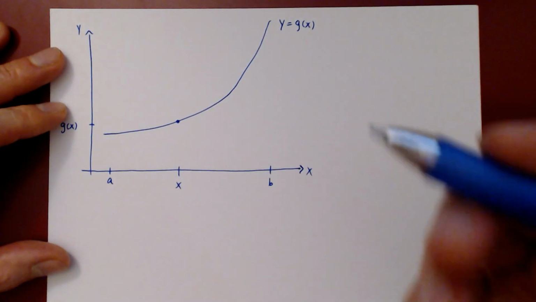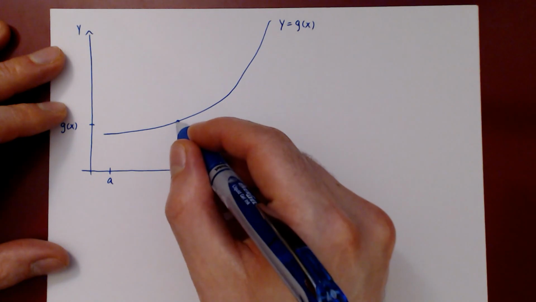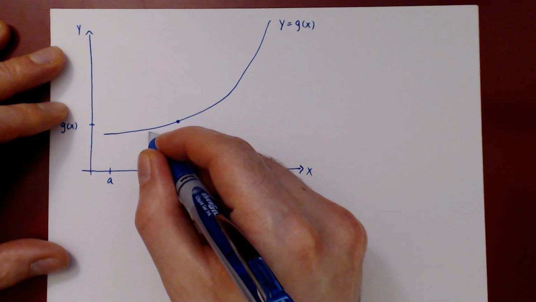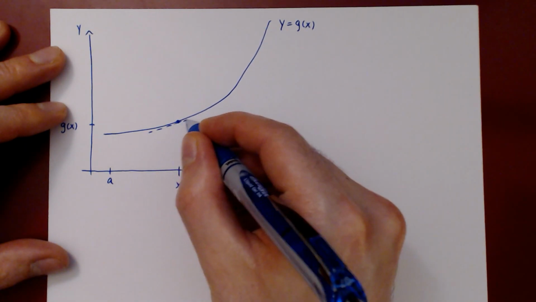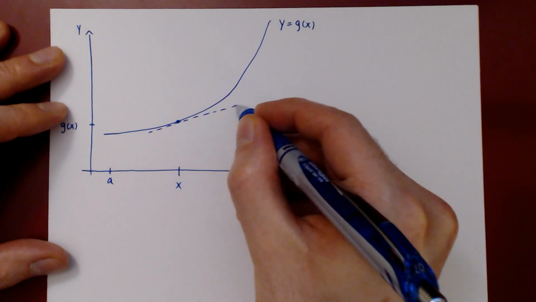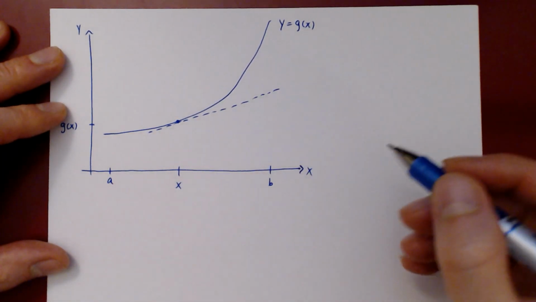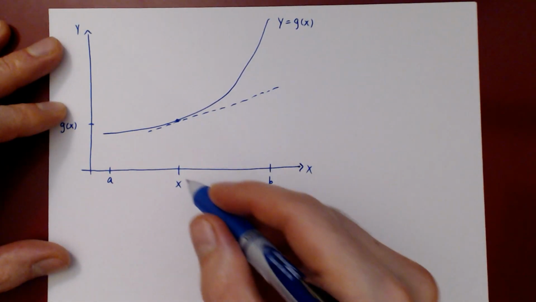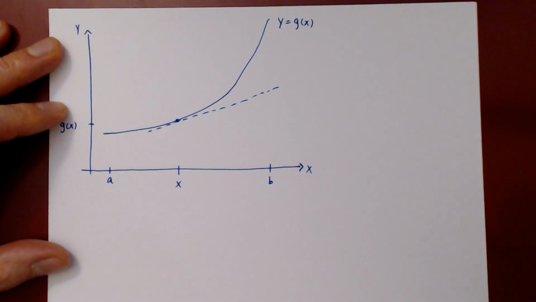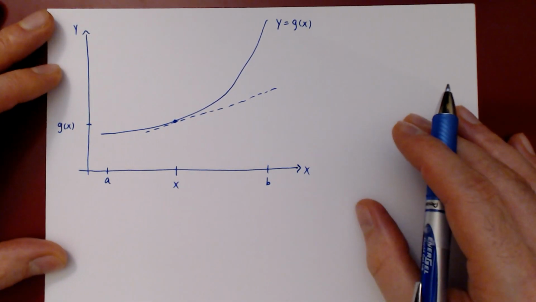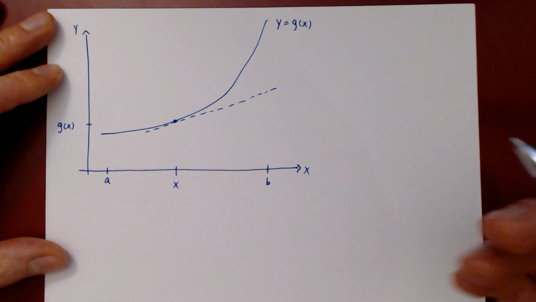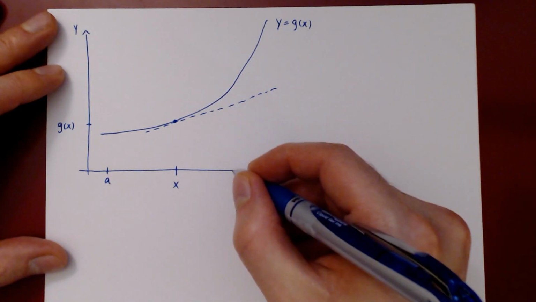And let's consider the tangent line of the function at this point. Let's now add to x a small change in x. For the sake of the picture, we're going to assume that the change in x is positive, but it could very well be negative.